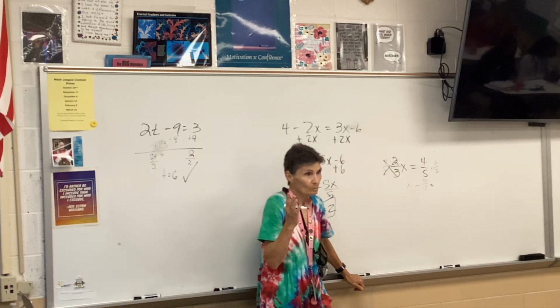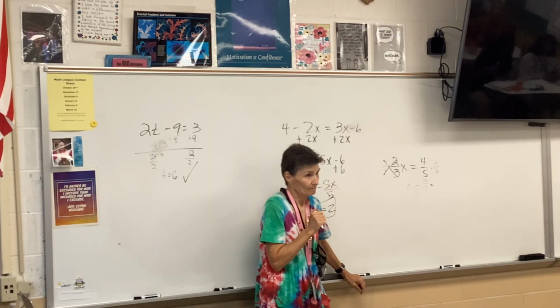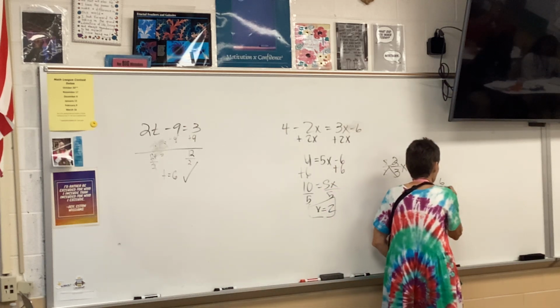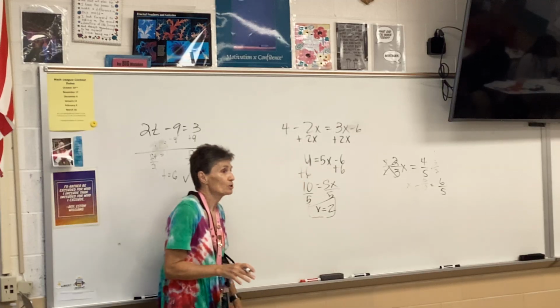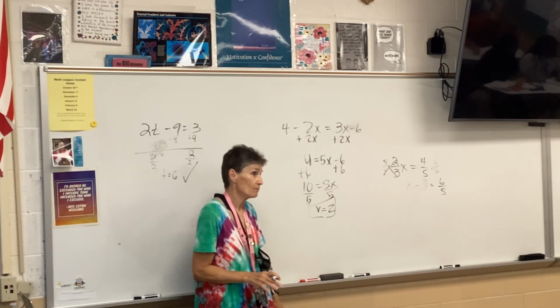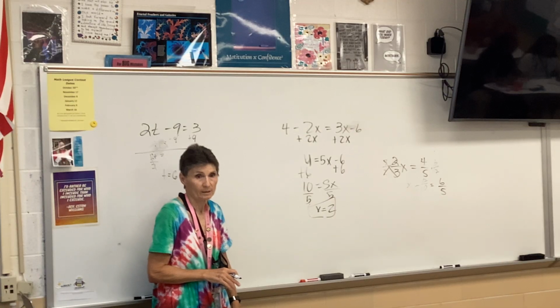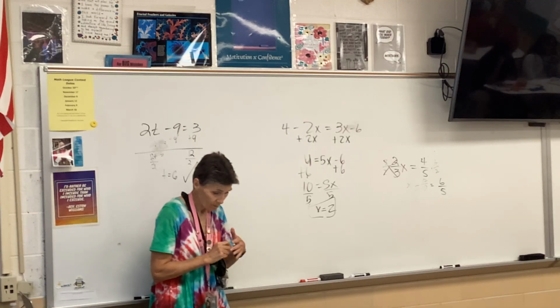I, of course, with my red pen, am going to say what? 6/5. Yeah, that reduces. So this is another case where you have exactly the right answer. You're gonna get almost full credit, but you only get full credit if you simplify. Nice work, Ellis. Anybody have a question about those 3?